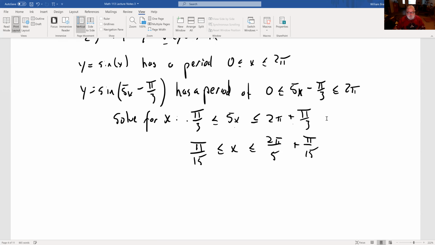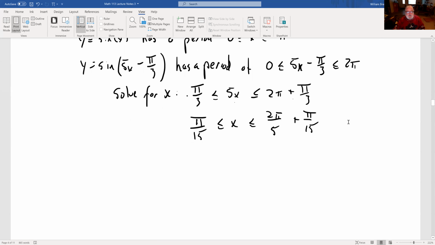So we get that. So what is that telling me? That's telling me that the period starts at pi over 15, and we start the cycle here, we end the cycle here. So it's 2 pi over 5 to the right of pi over 15.